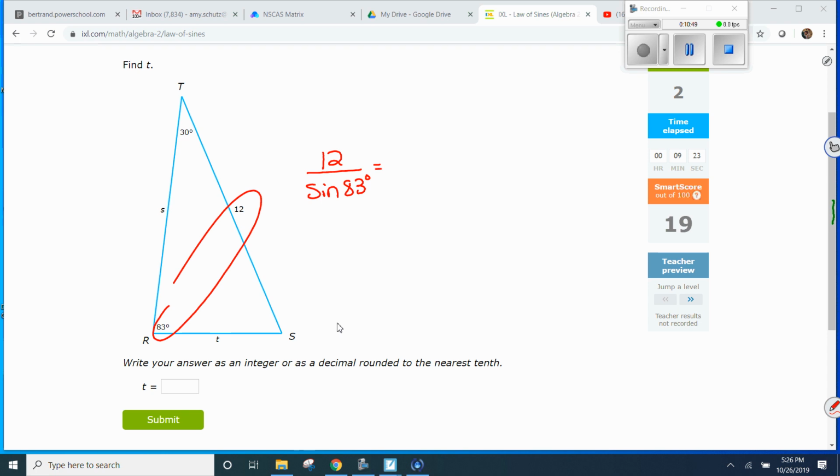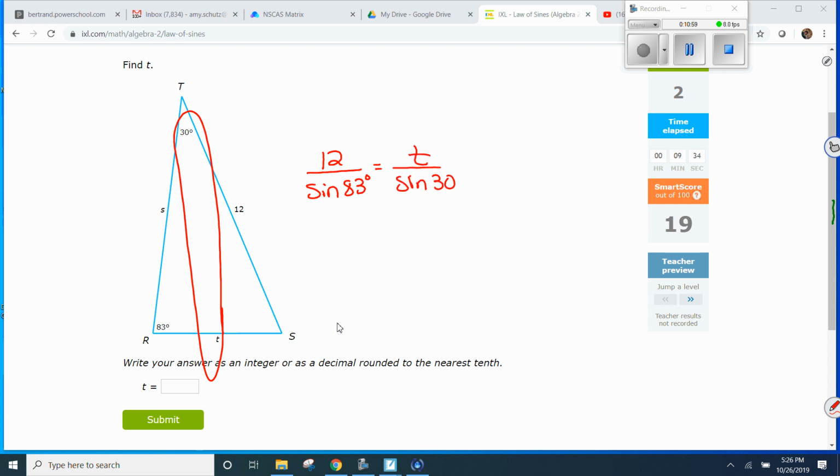They want me to find t, so I'm going to look at t and the side opposite of that. So I'm going to have t over the sine of 30. Now, like I said, if you had your calculator from here, you would just cross multiply 12 times the sine of 30 and divide by the sine of 83.